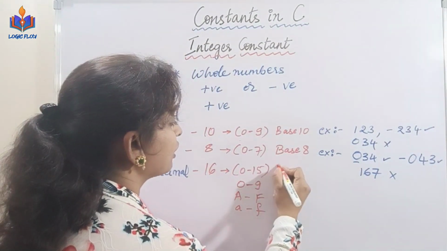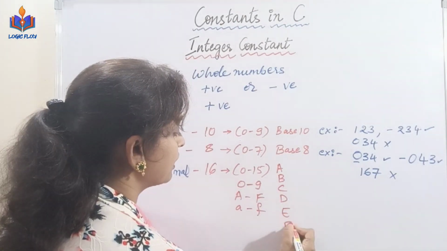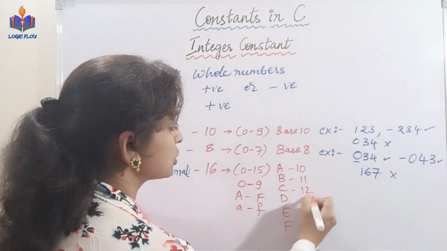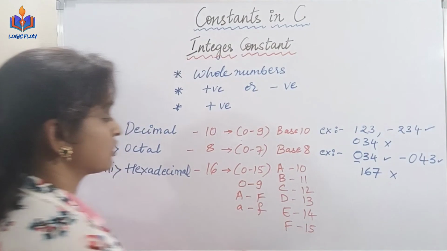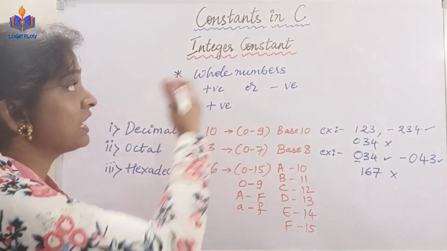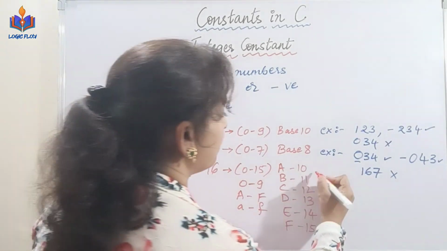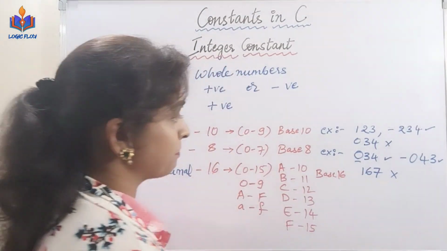Followed with that, we have A, B, C, D, E, F represented as 10, 11, 12, 13, 14 and 15. This is the hexadecimal integer constant. Let me write, this is the base 16 system.